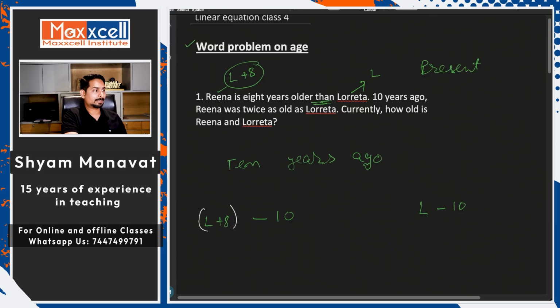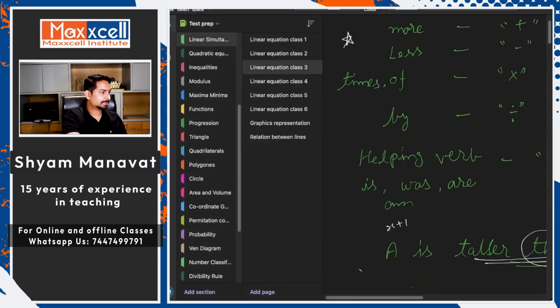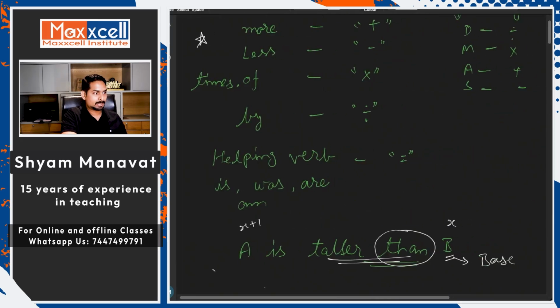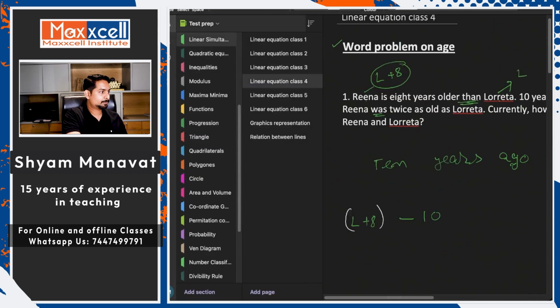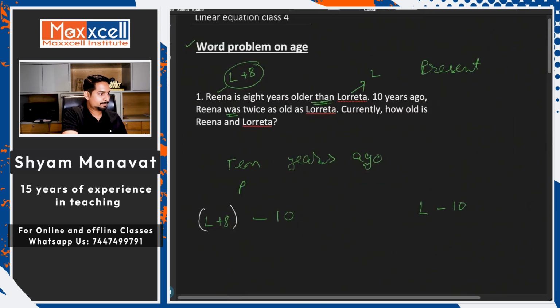Now, how do you equate? Reena was. Do you remember helping verb? Helping verb, we use equal sign for helping verb. Yeah. So Reena was. So this is Reena and this is Loretta. 10 years back.